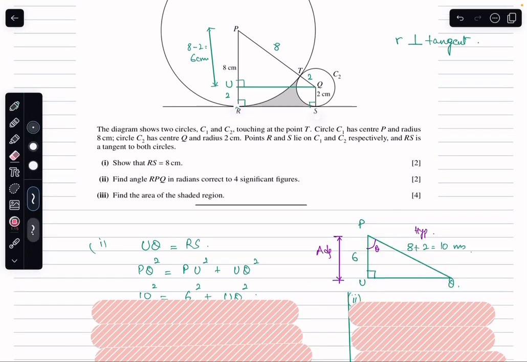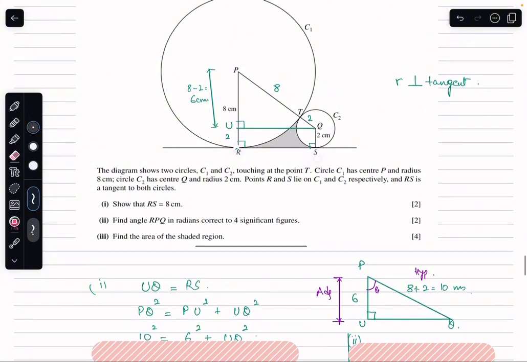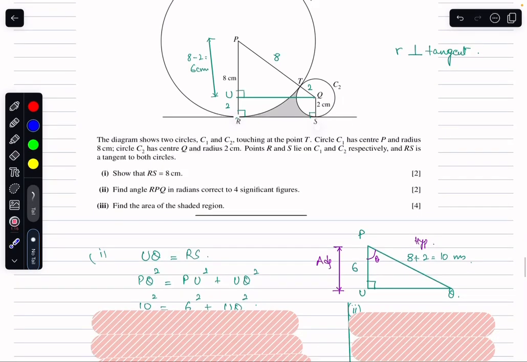This is the right angle triangle that we have made, showing that PU is 6 centimeters. PT is 8 centimeters here, so PQ shall be equal to 8 plus 2, that equals 10 centimeters. So 6 centimeters is my perpendicular and PQ is 10 centimeters.